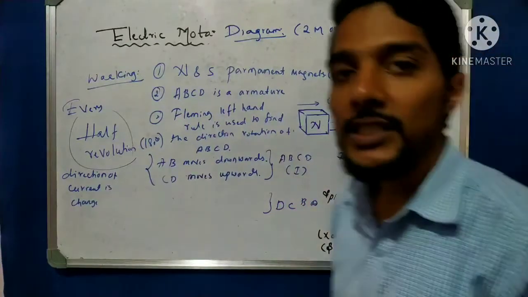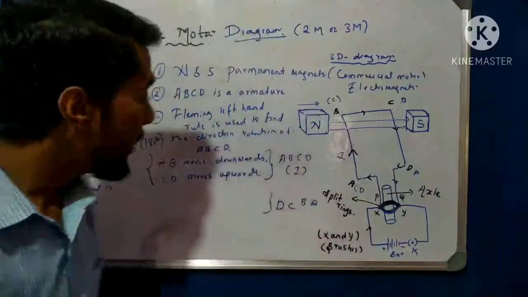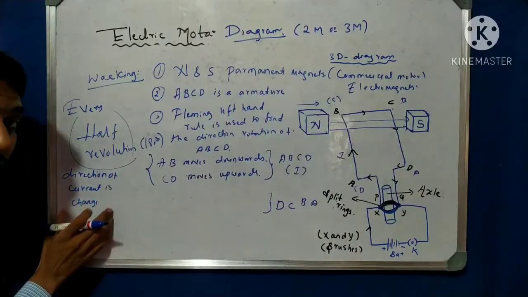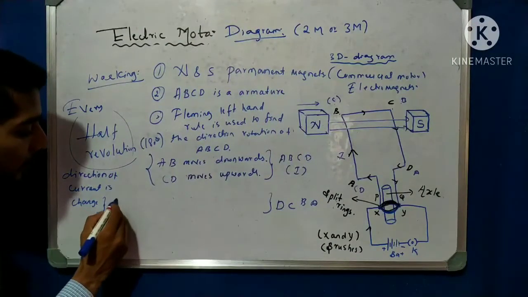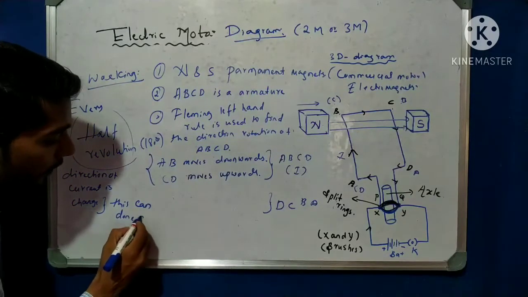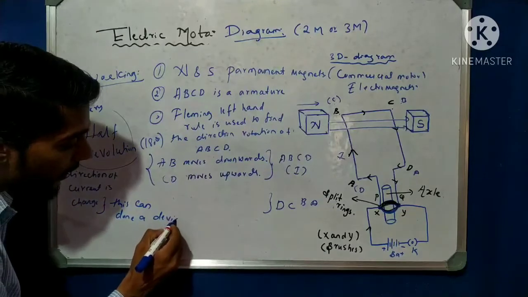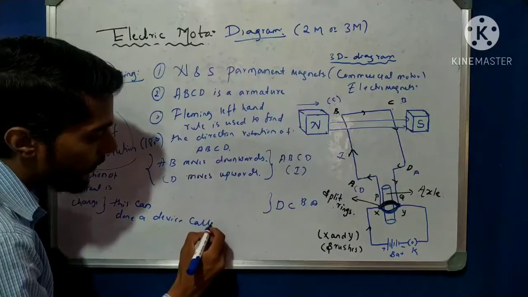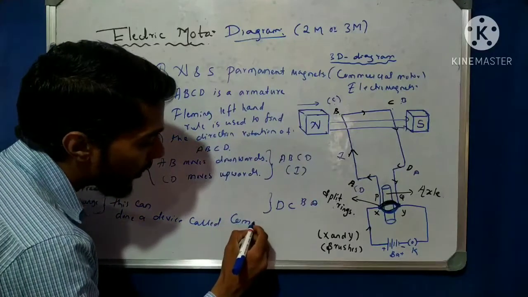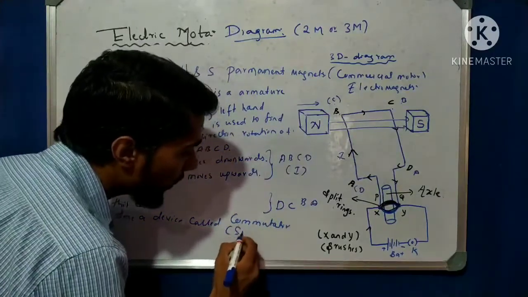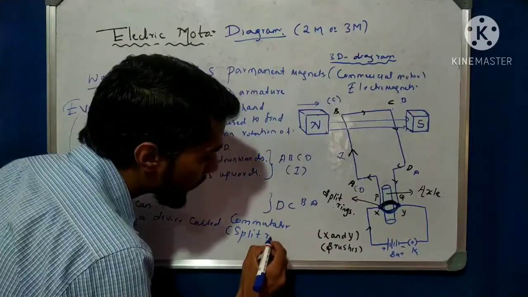So why does this reversal happen? How is it done? Every half rotation the direction of the current changes, and this is done by a device called a commutator. That is very important, and it is also called split rings.